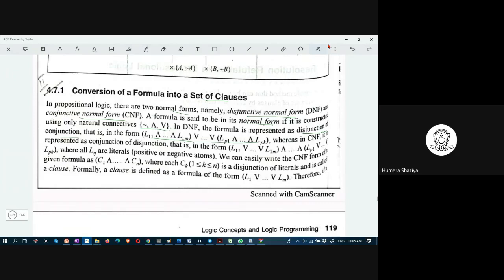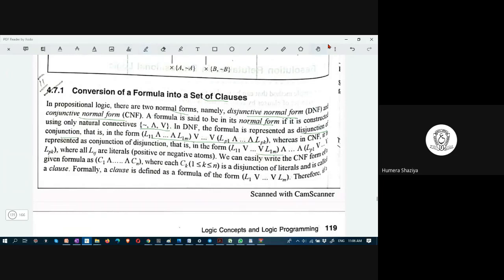And see, conjunctive normal form is represented as a conjunction of disjunctions. It is in this form. If you invert this and to or and or to and, conjunctive normal form is obtained.